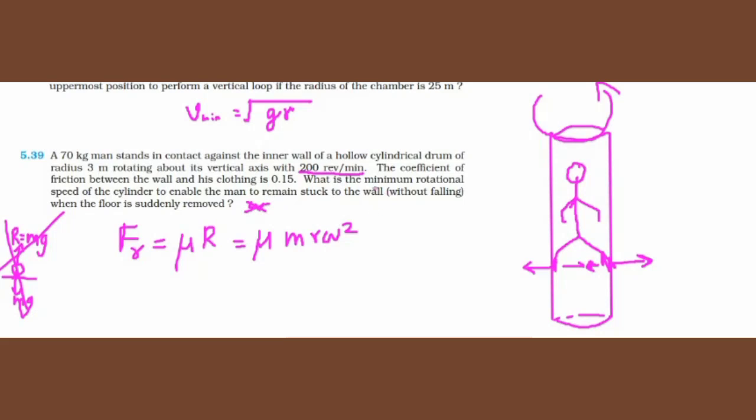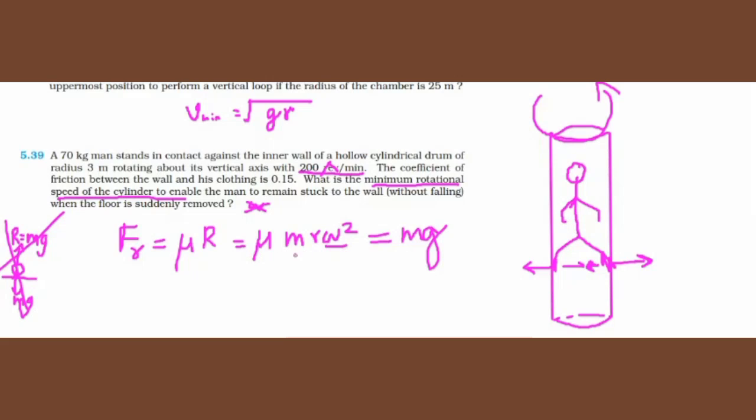The question asks what minimum rotational speed of the cylinder, so omega only you need to calculate. Then this friction should balance the weight of the man, mg. Because of friction only he can stay back here. That means his body weight should be balanced by friction.